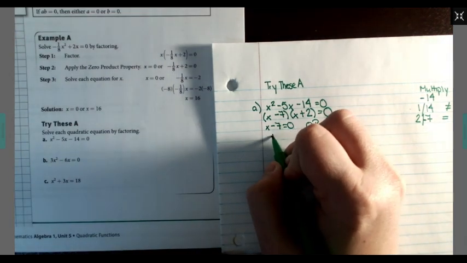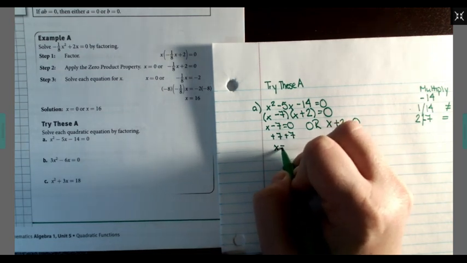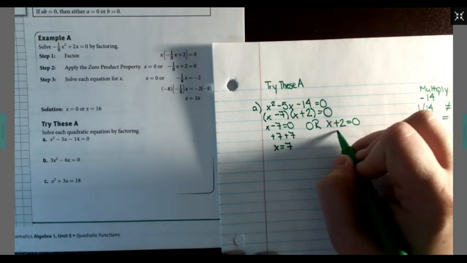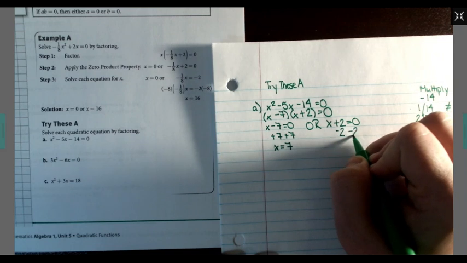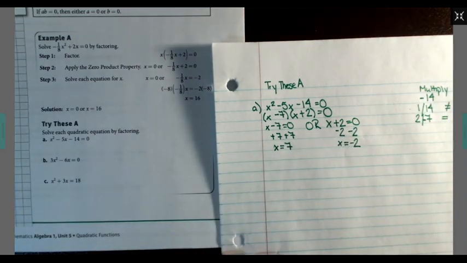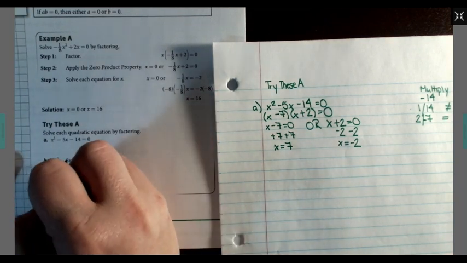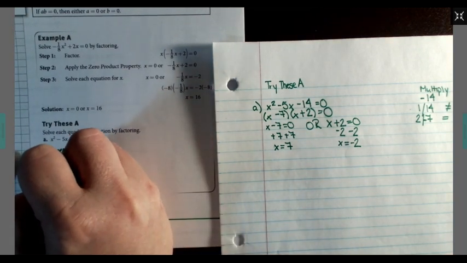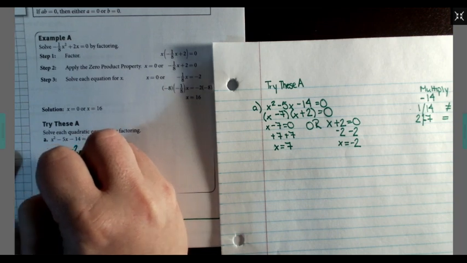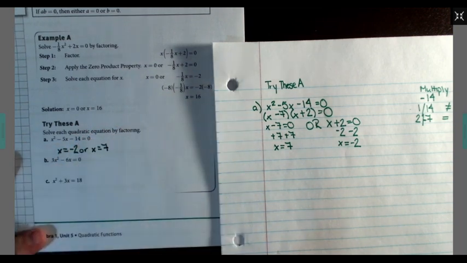So here we add 7. This gives me x equals 7. And we're going to subtract 2 here. So this is going to be x equals negative 2. So our solutions to A are x equals negative 2 or x equals positive 7.